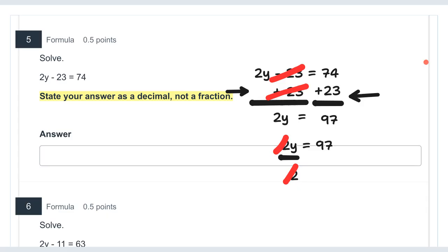Since I divided the left side by 2, I must also divide the right side by 2. And I'll be left with y is equal to 97 divided by 2. Grab my calculator, 48.5. State your answer as a decimal, not a fraction, but there is no directive to round, so I stop at 48.5.